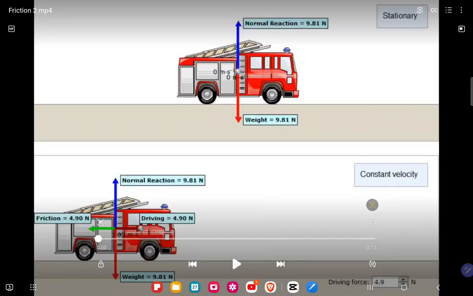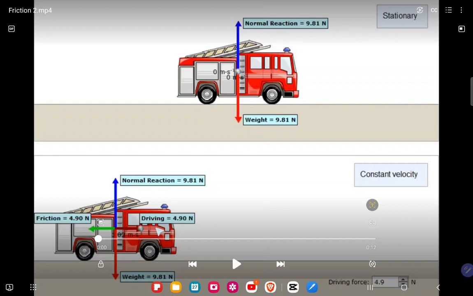In this model we have two cases. In case number 1, there is no driving force, which means the car here remains at rest. The only forces acting on this object are the weight and the normal force.